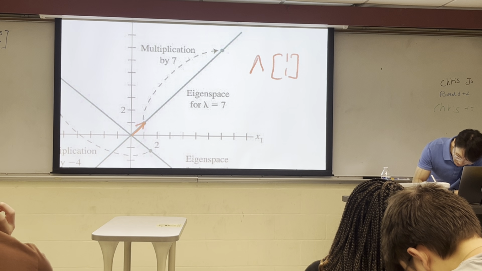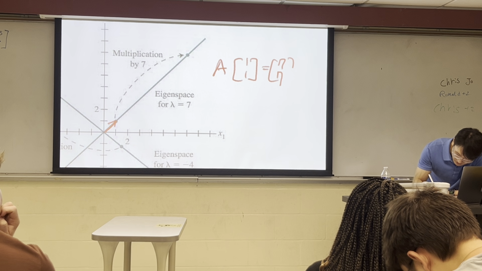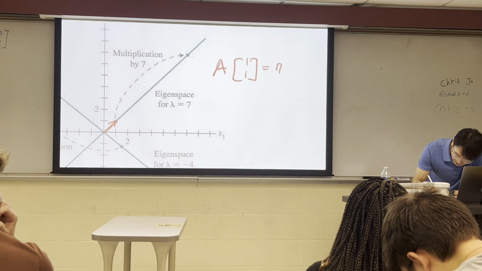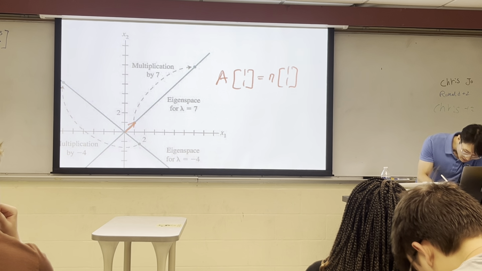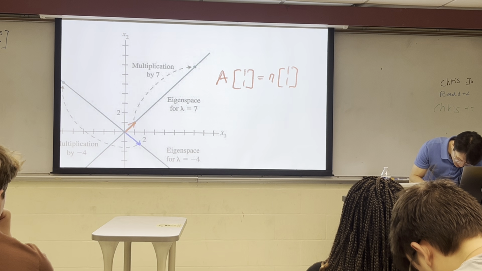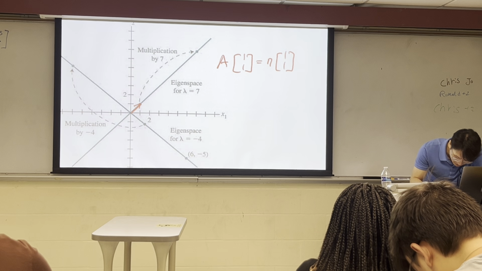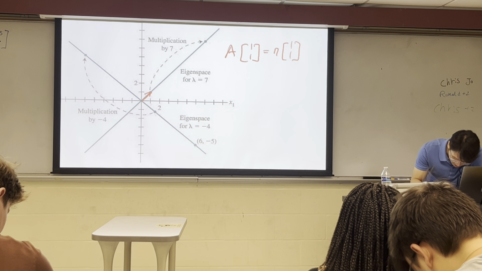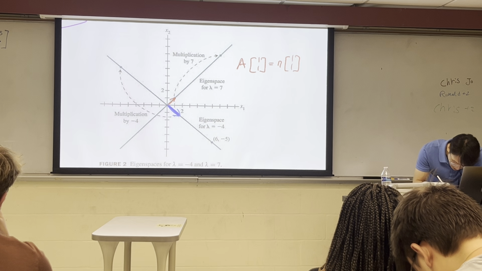You multiply that by A, and you end up with just (7, 7), which is 7 times (1, 1). Same here, you pick a vector from the other line, let's say like this.